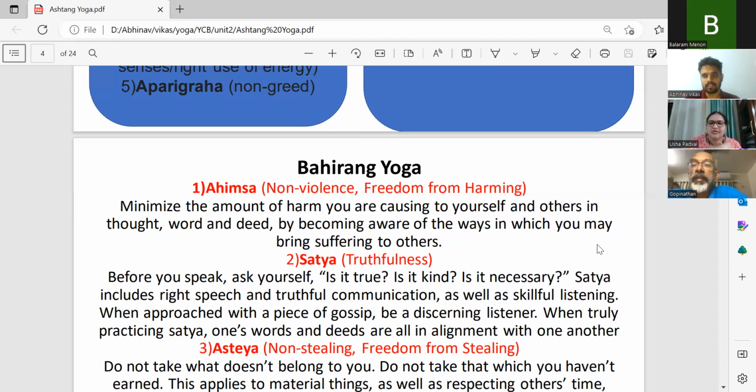All are interlinked. Definitely there is an interlink. That's why they kept it in order. Once you have Ahimsa, then the others naturally will follow. With Ahimsa, Satya will be there. If you have Satya, you will have compassion, you will not steal. So all are almost the same.